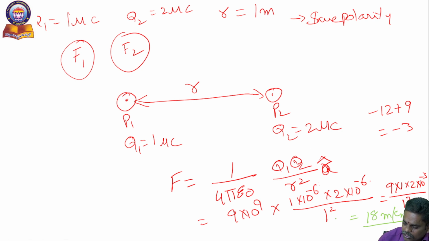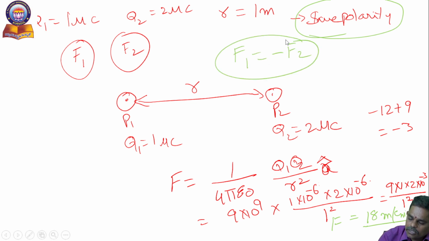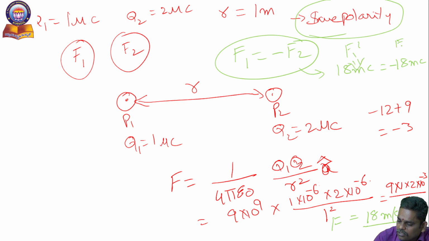Here this is force. As this one is given with same polarity, F1 is equal to minus F2, which we solved in a previous slide. So 18 millicoulombs for F1, and for F2 it is minus 18 millicoulombs. So like this we are going to solve.